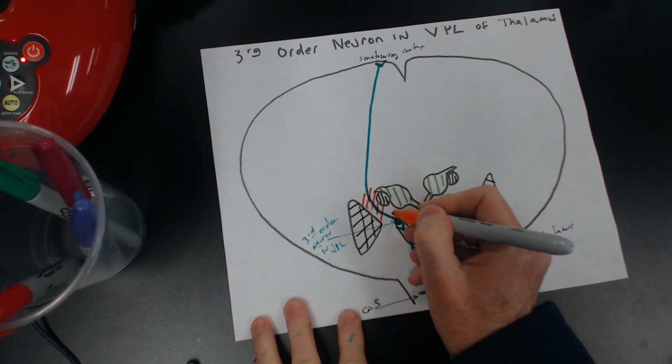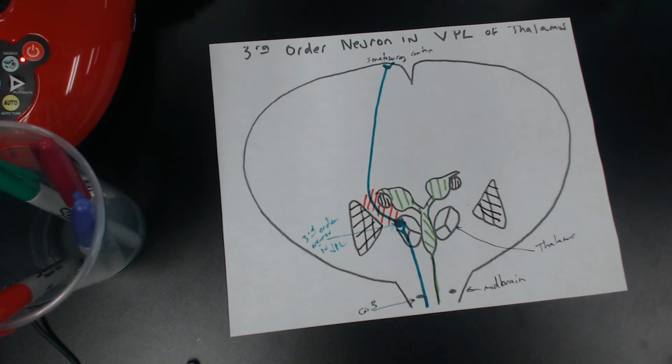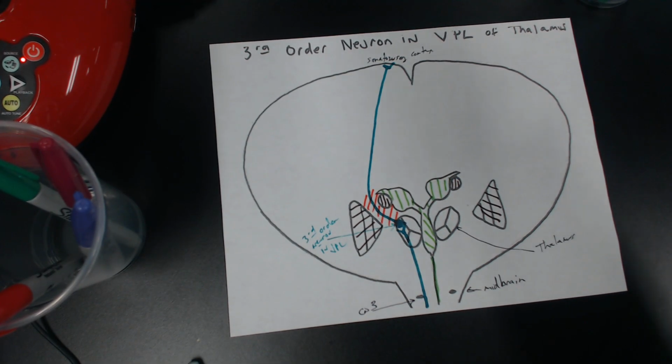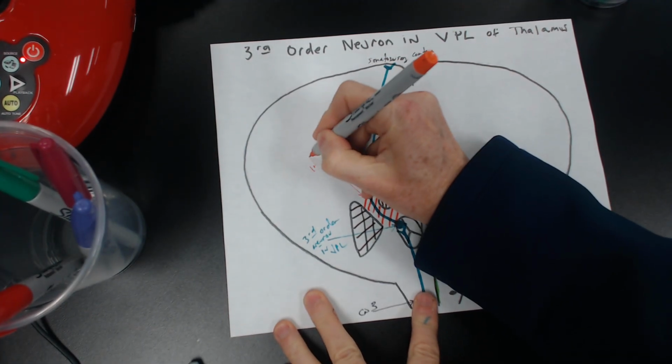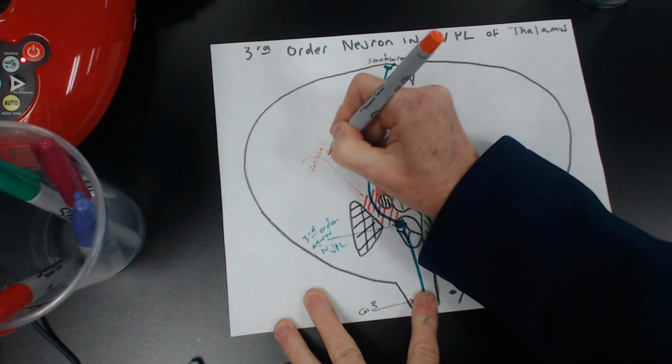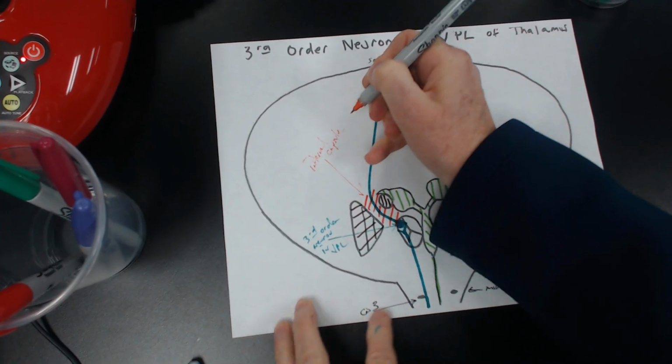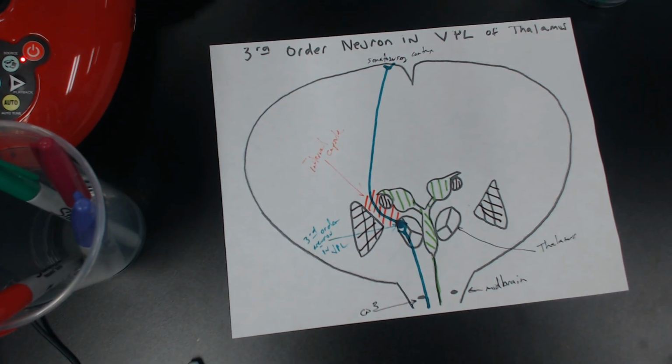This is your internal capsule, shown in orange. The internal capsule is nothing more than that space that exists between the basal ganglia, thalamus, and ventricle, where those third order neuronal axons travel through on their way to the somatosensory cortex.